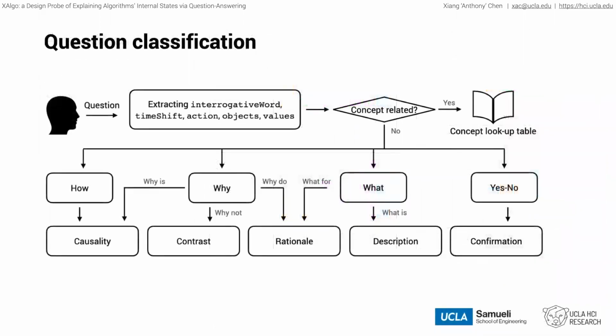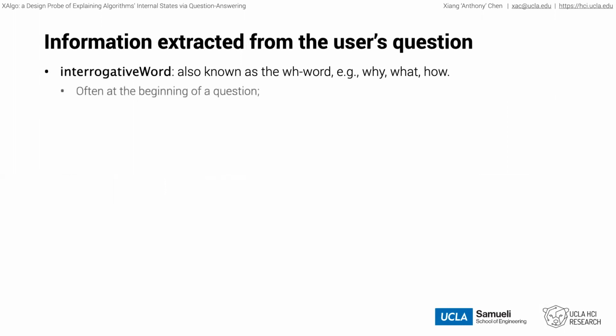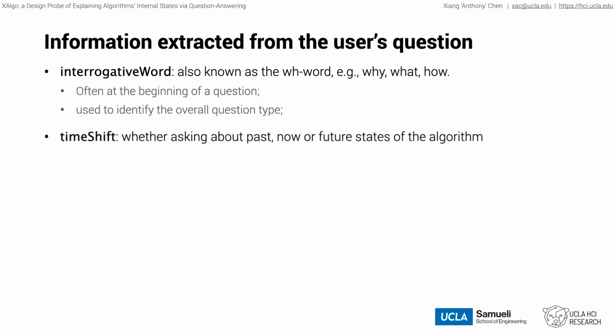The first step is to extract the key parameters in the user's question, such as the interrogative word, which means the why, what, or how word in the sentence of the question. They're often at the beginning, and they often indicate the overall question type. Time shift is when the question might refer to not just now, but maybe the future or the past states of the algorithms.